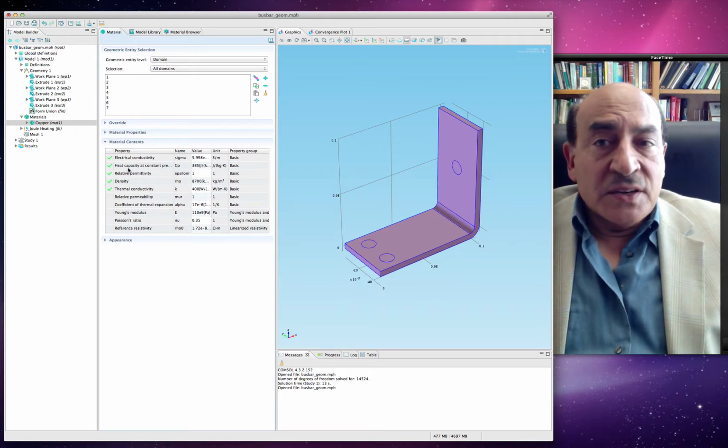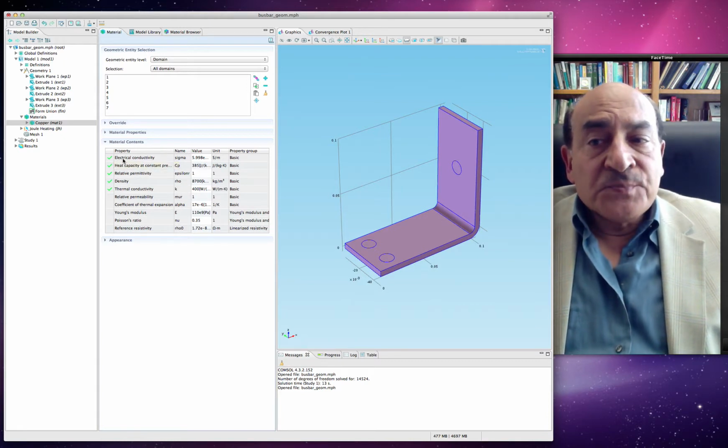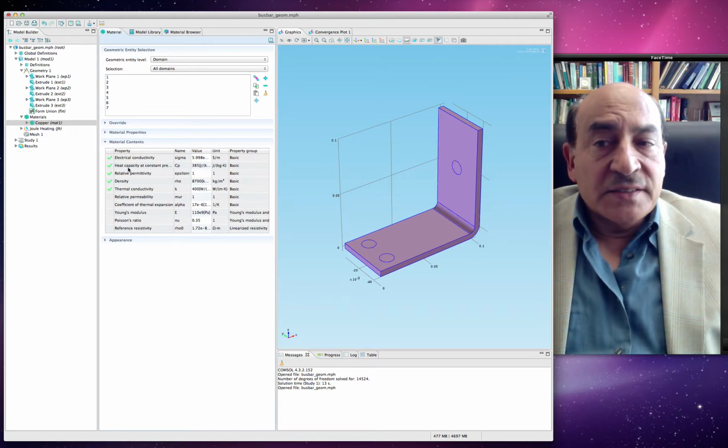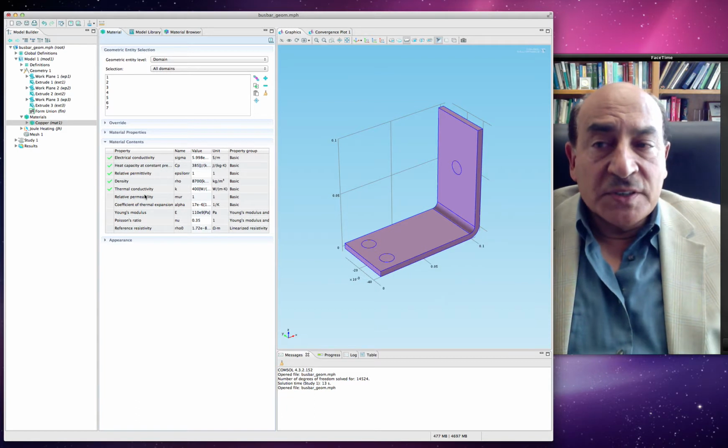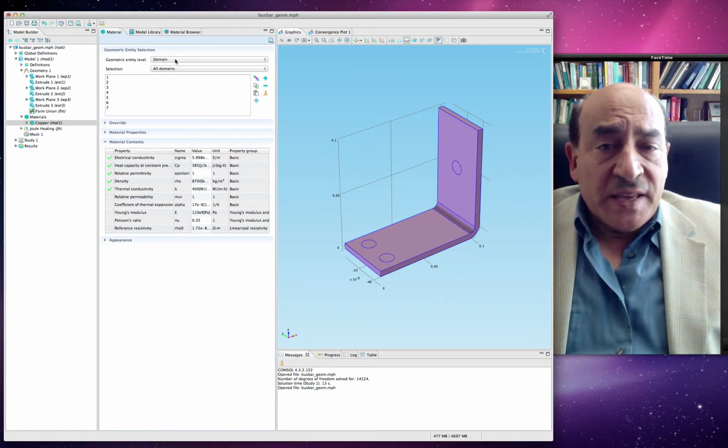The things that are required for heat transfer and electricity or electromagnetics are highlighted in green. So electrical conductivity, heat capacity, relative permittivity, density, thermal conductivity. So all of these are already there, so we're happy with the copper. And it did apply all of this to all domains.